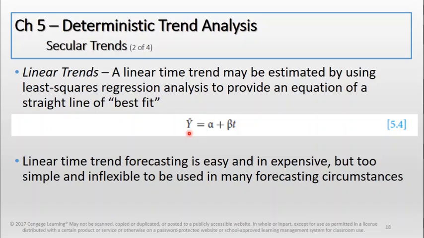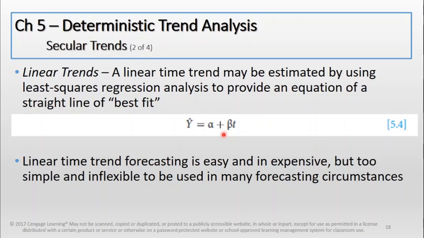Where your y circumflex is the forecast or predicted value for the period t, and then your t is of course the period, and your alpha is the y-intercept or constant term. Your t here is your unit of time, and your beta here is an estimate of the trend factor.